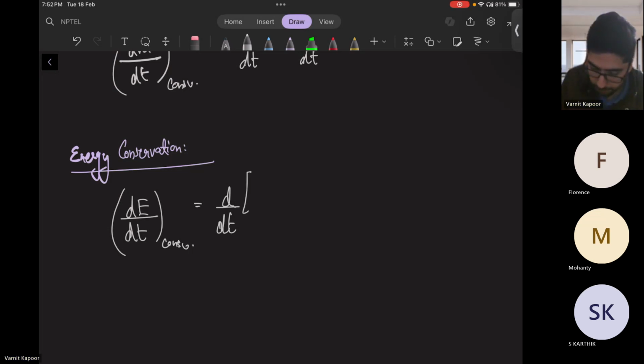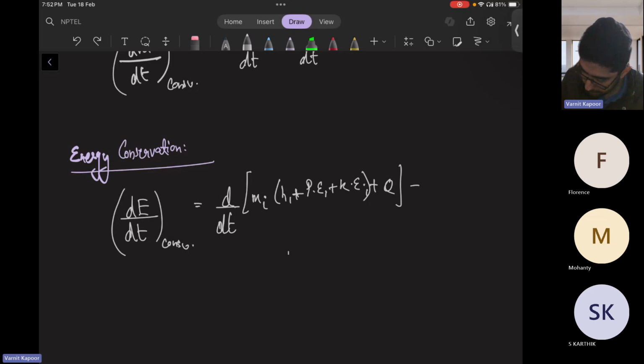So d by dt of mi times h1 plus potential energy at 1 plus kinetic energy at 1 plus heat, minus, on a separate line, d by dt of mass at exit times h2 plus potential energy at 2 plus kinetic energy at 2 plus work.